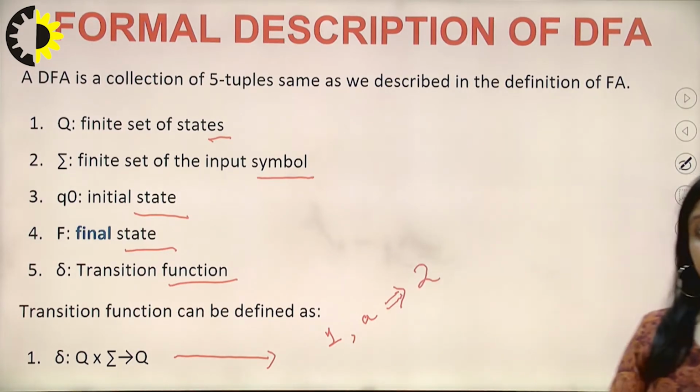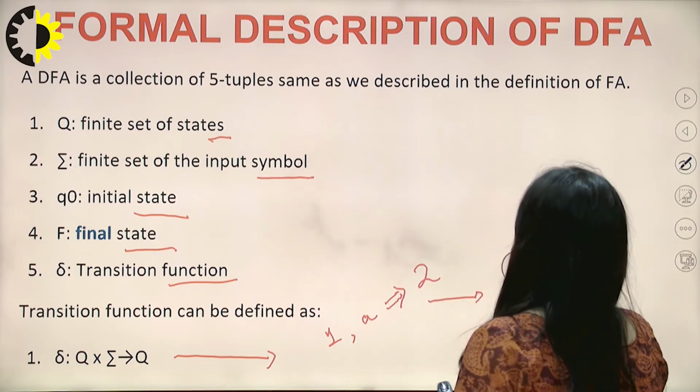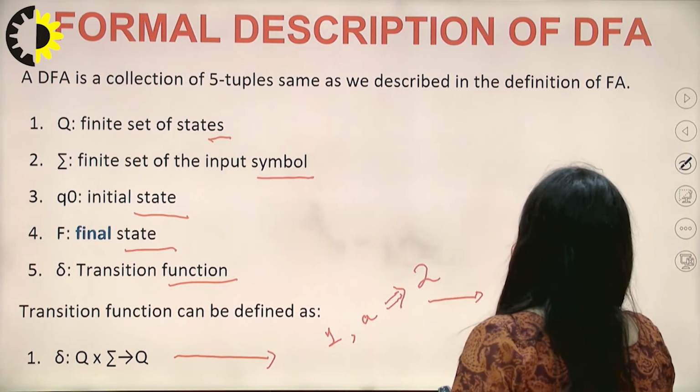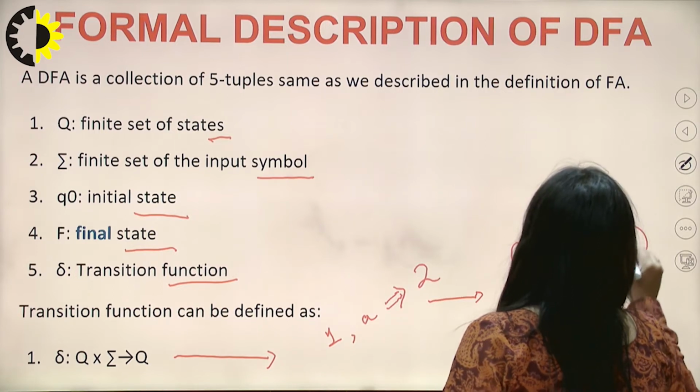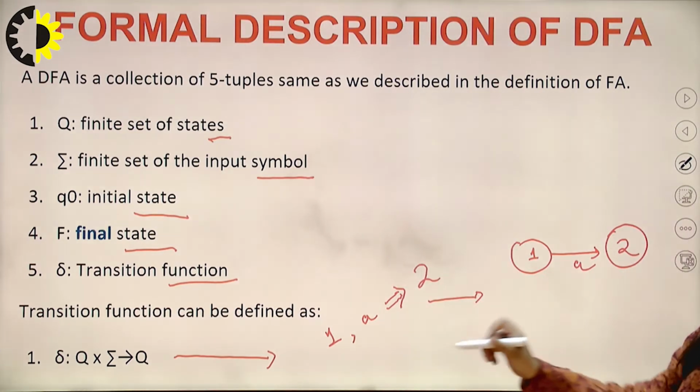So if I make a DFA, state 1 takes A as input and produces state 2 as output. This is how we create the DFA.